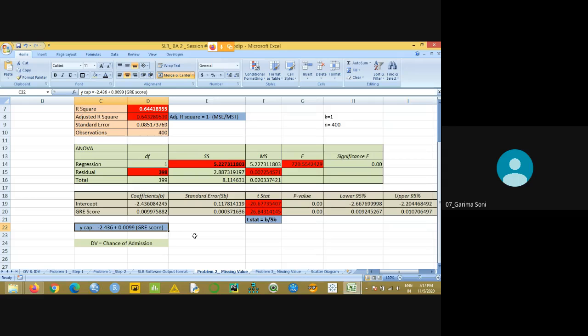Can you repeat slowly once again? Yeah. A 1 unit change of GRE score will increase the chances of admission by this particular value, 0.099.